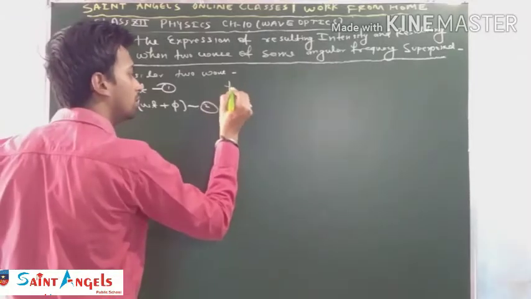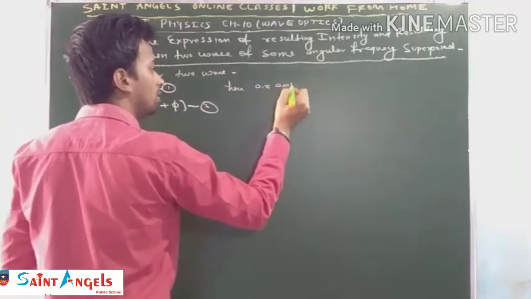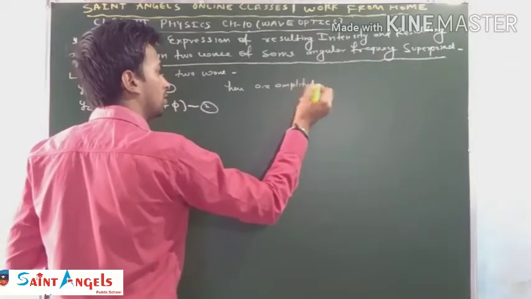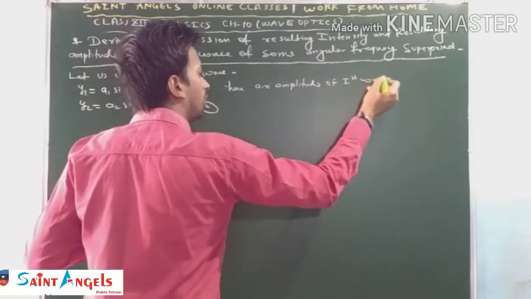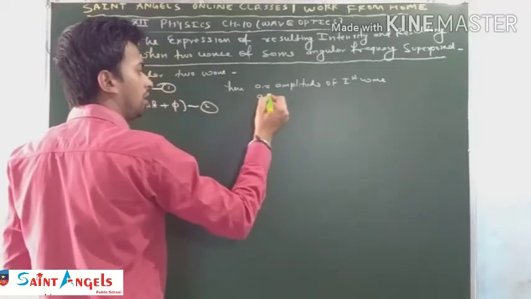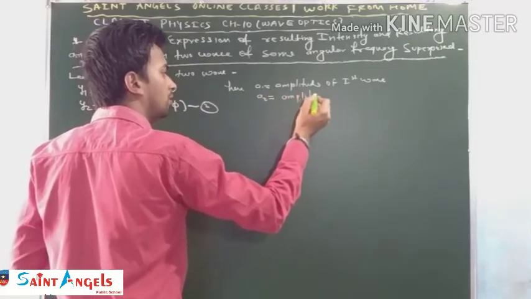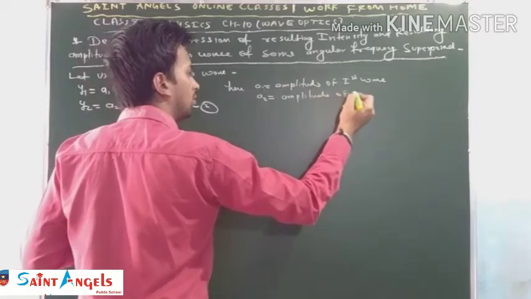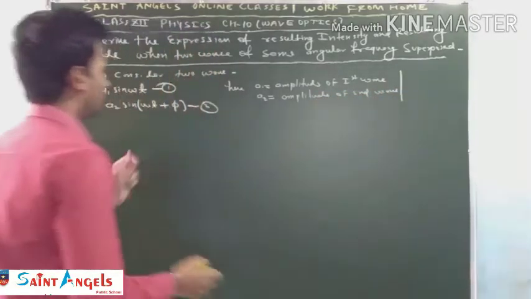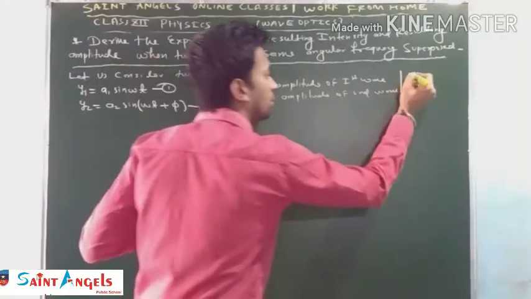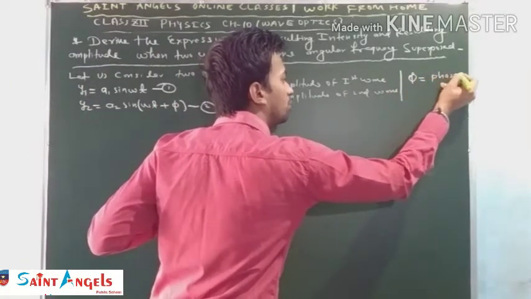So here a1 is the amplitude of the first wave, a2 is the amplitude of the second wave, and phi is the phase difference between both waves.